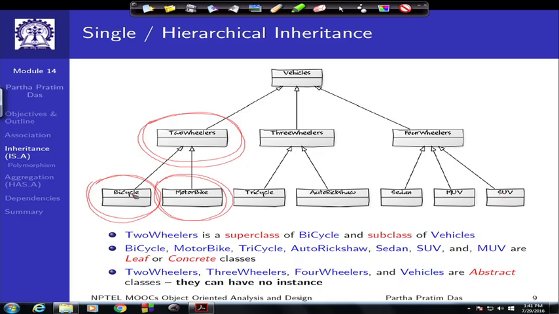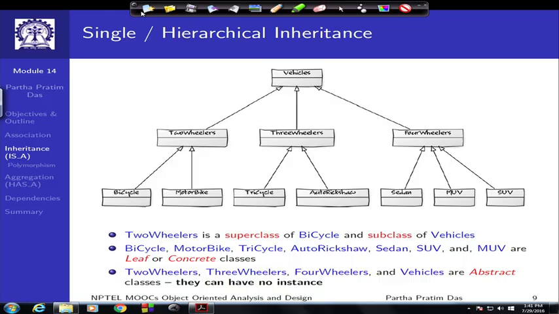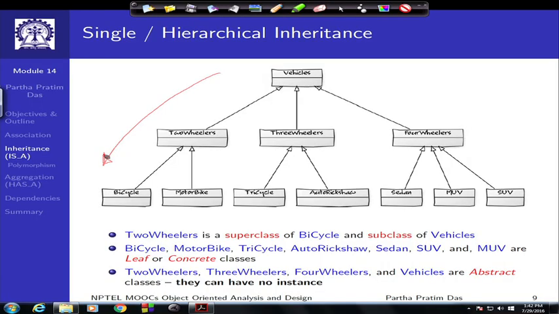Bicycle two-wheeler is manually driven, and a motorbike two-wheeler is driven by some kind of fuel, diesel, petrol or something like that. So, this is how properties continue to get specialized as we move down a hierarchy, and this is exactly what we are designating here.